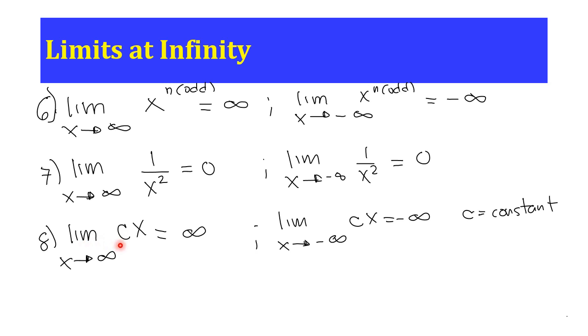The limit of a constant times x as x approaches positive infinity is equal to positive infinity. And the limit of a constant times x as x approaches negative infinity is equal to negative infinity.